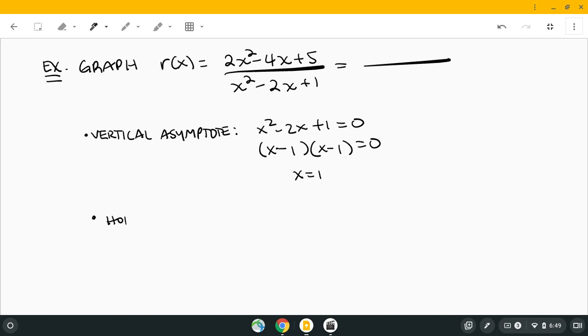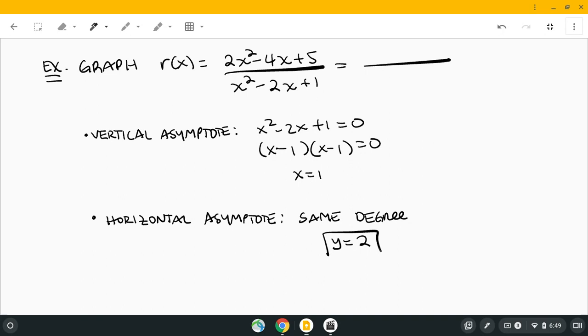All right, let's do our horizontal. All right, they are the same degree. Both of them are degree 2. So we're going to do leading coefficient over leading coefficient. So y equals 2 over 1, which is just 2.